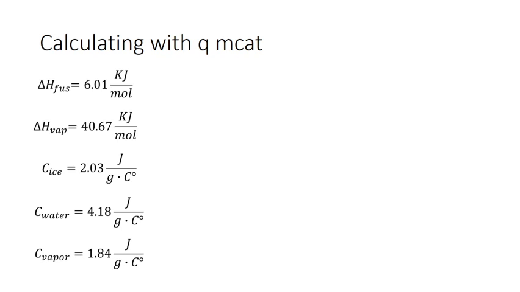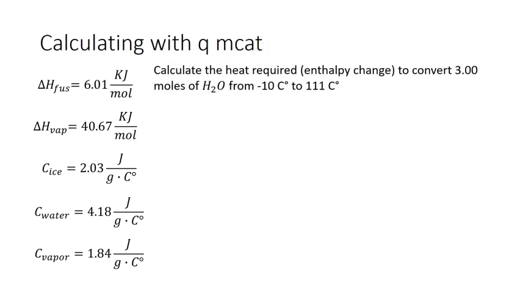And then we do some calculations. Say I were to ask: calculate the heat required, or enthalpy change, involved in converting 3 moles of water from minus 10 Celsius to 111 Celsius. We could do that.